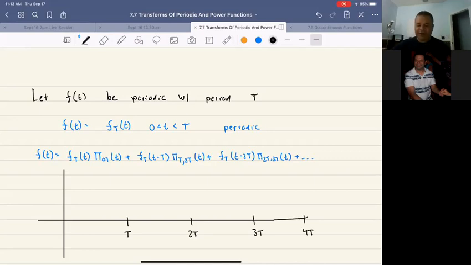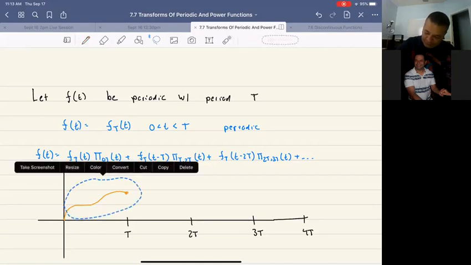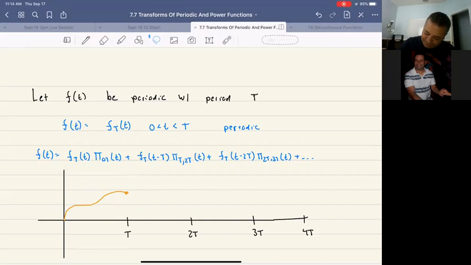There's some definition of this function. Now I'm going to take that and copy it. I should probably make these open circles here.